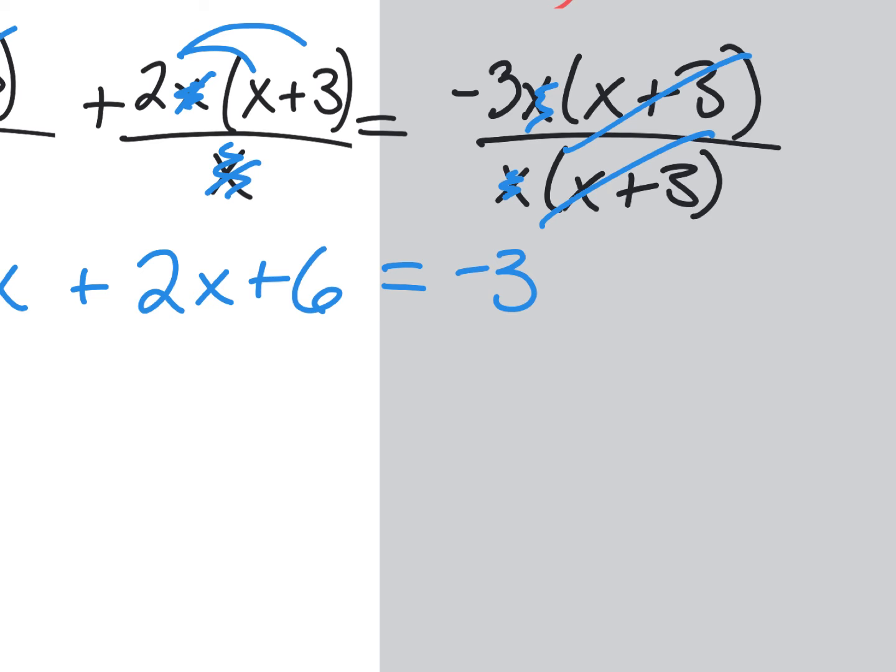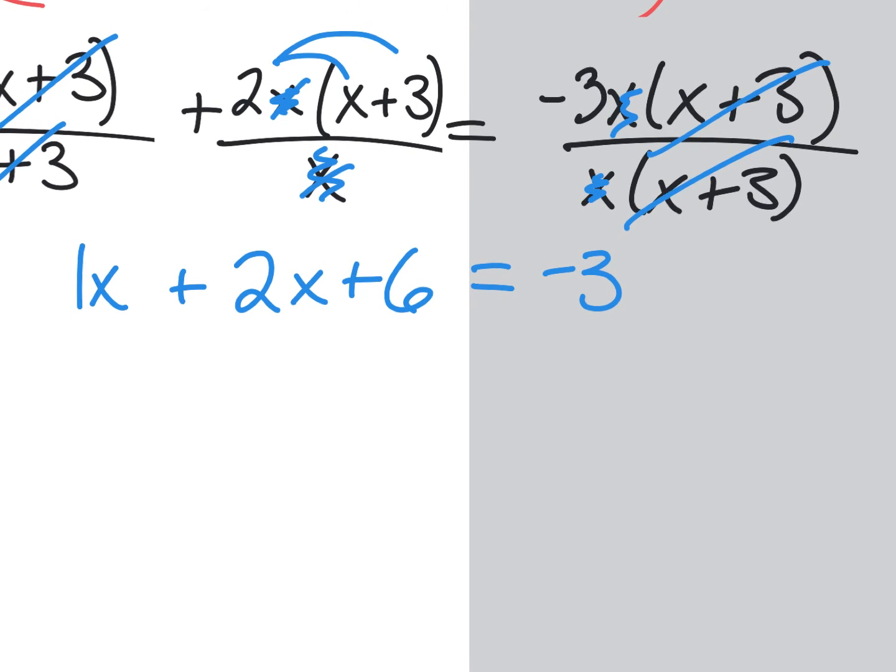So that's what I'm solving now. Any questions on how I did that? Are we okay with this? No, not yet. We have one more problem. Okay, what's gonna happen on the left? Oh, so now you gotta combine my terms.